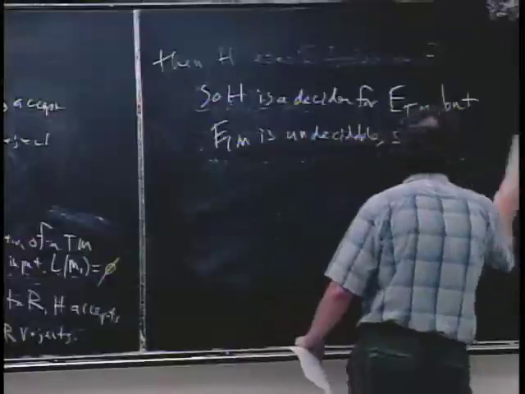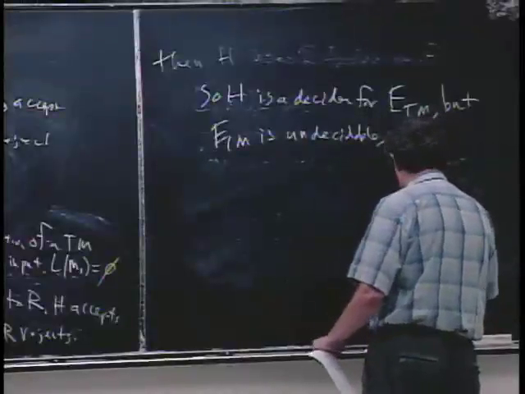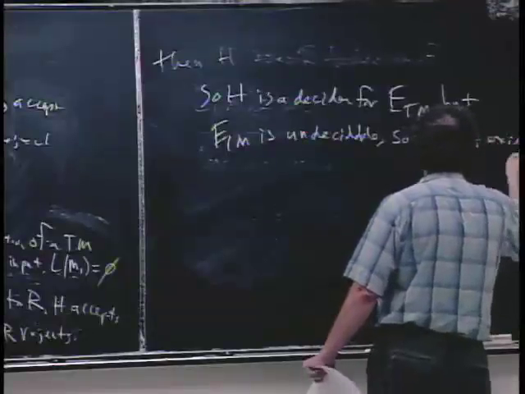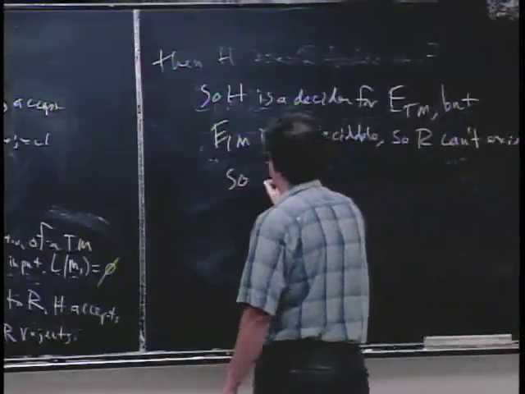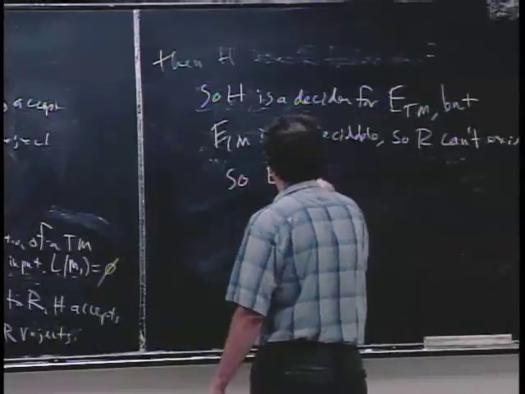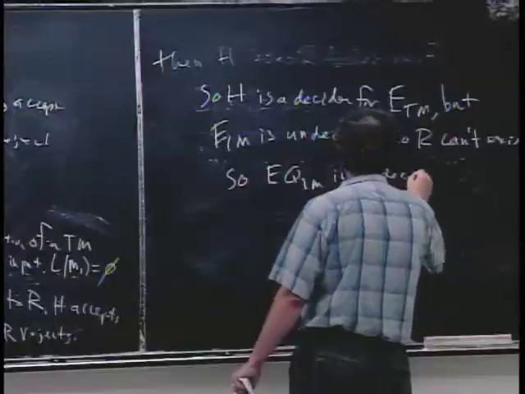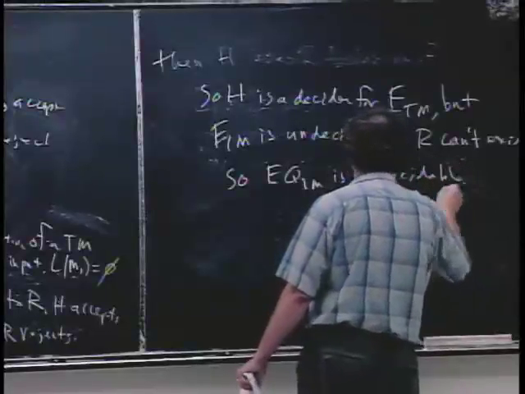There is no such R. R can't exist. So EQTM is undecidable. Okay?